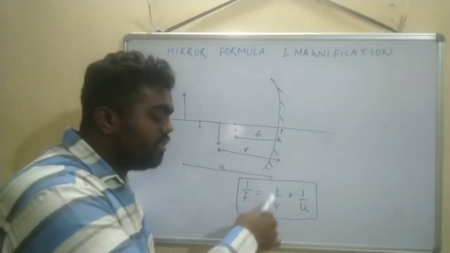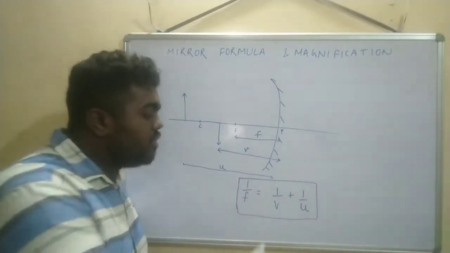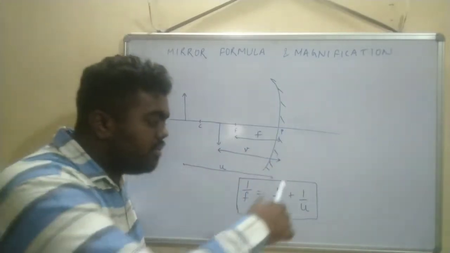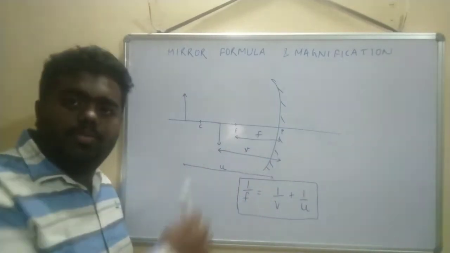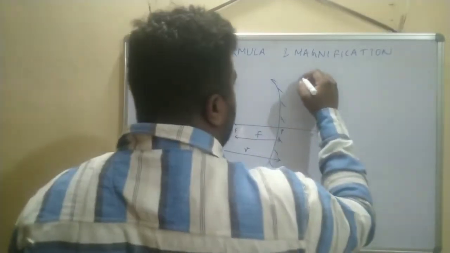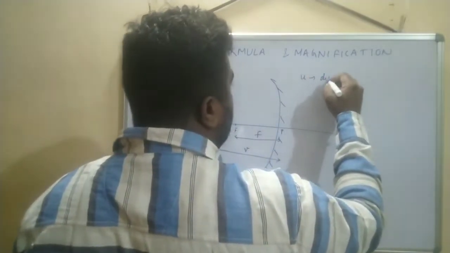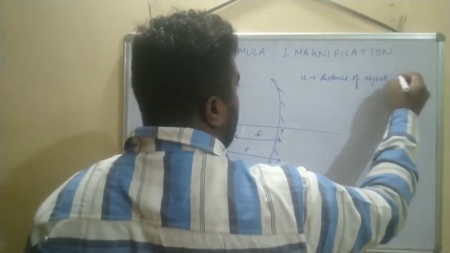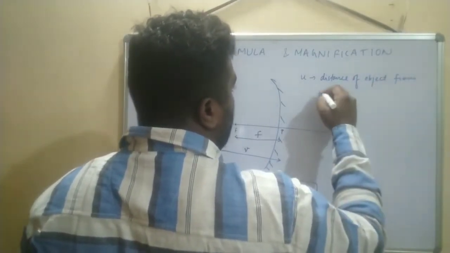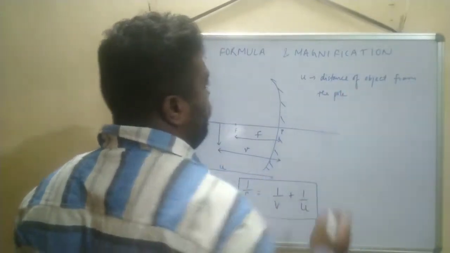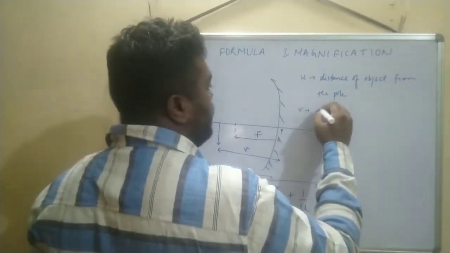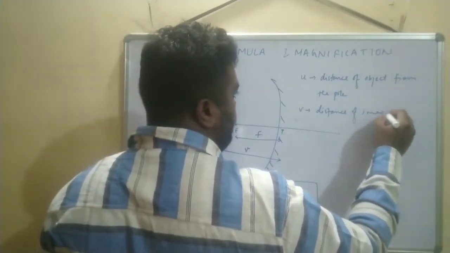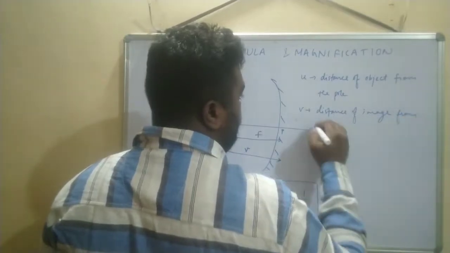1 upon focal length is equal to 1 upon distance of image from the pole plus 1 upon distance of the object from the pole. Write this thing, u denotes distance of object from the pole, and v denotes distance of image from the pole.